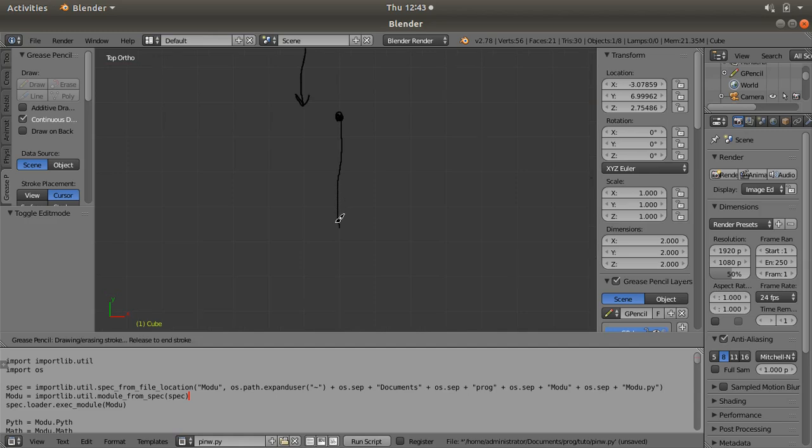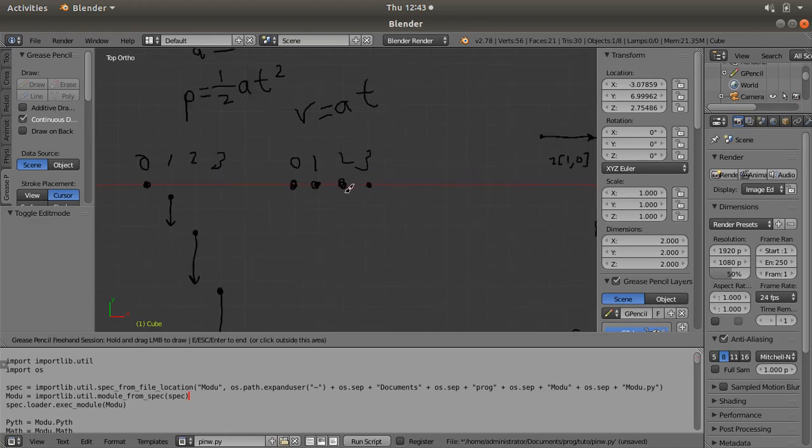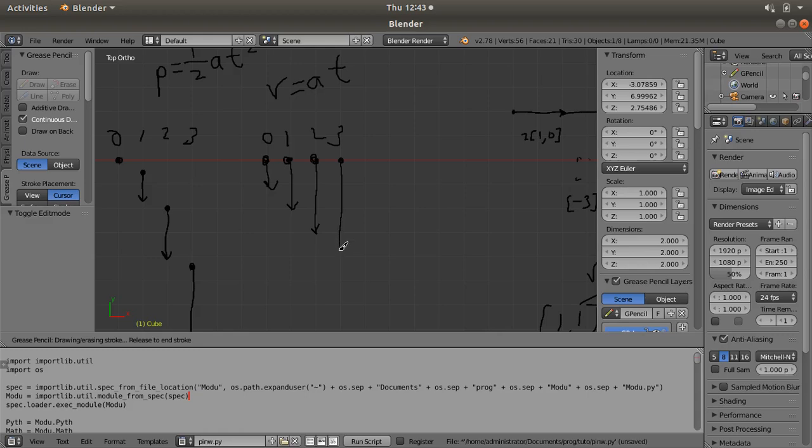So now what I'm going to do is redraw this, but I'm going to fix the position of the ball and redraw the vectors. So here's time 0, time 1, time 2, and time 3. I'll redraw my velocity vectors. I messed that up, sorry.